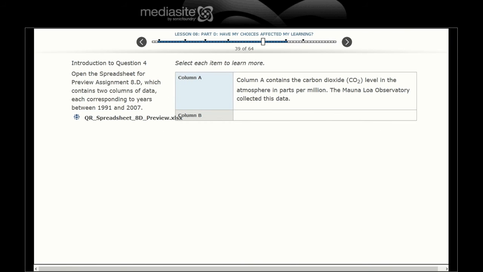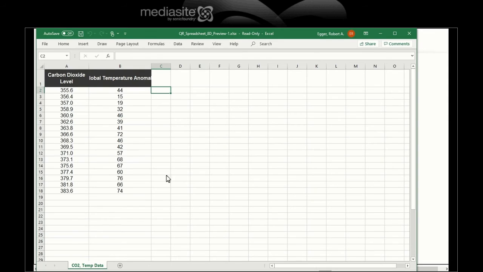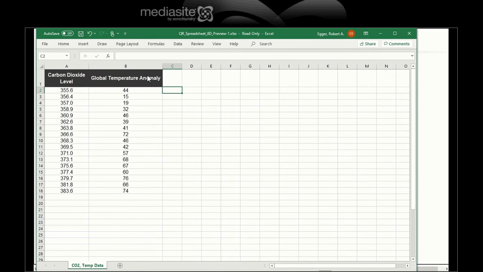Column A looks like carbon dioxide levels in parts per million, and column B is global temperature anomaly. Interesting.